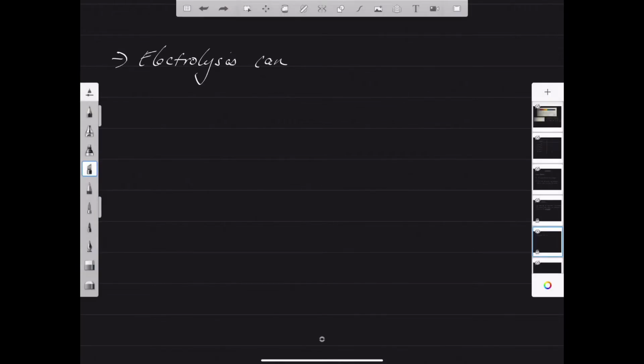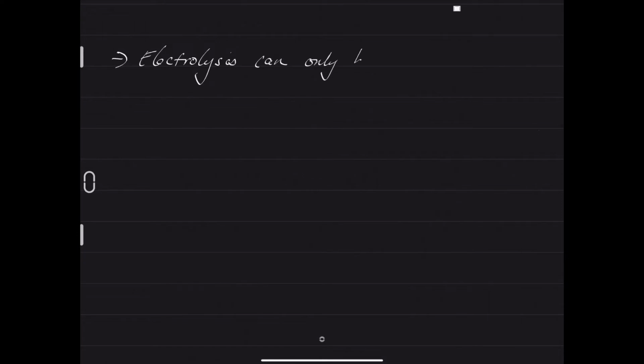Let us now put that into a few sentences. So can you take down: electrolysis can only be carried out on molten or aqueous ionic compounds.